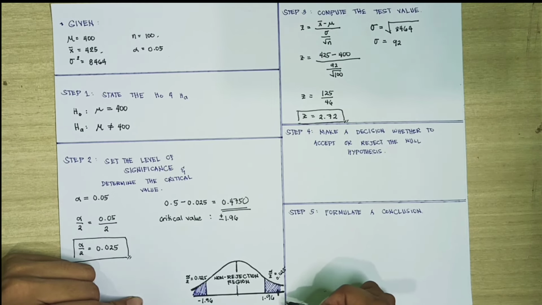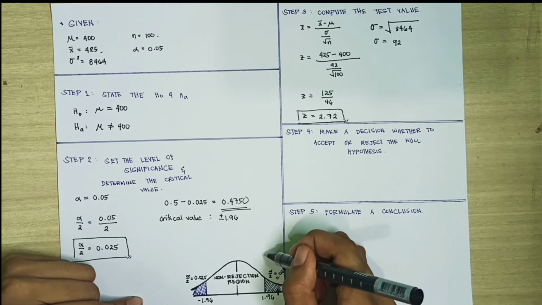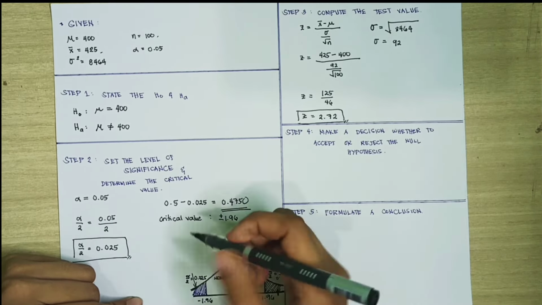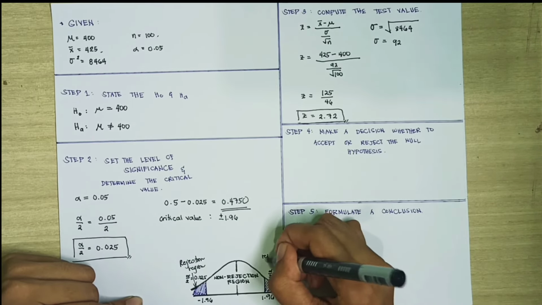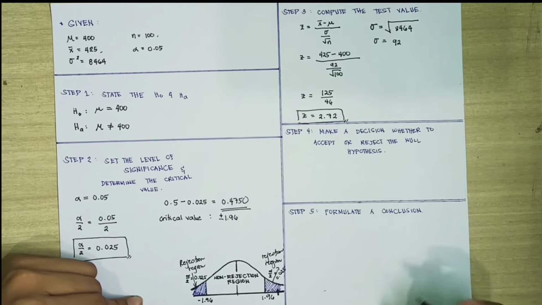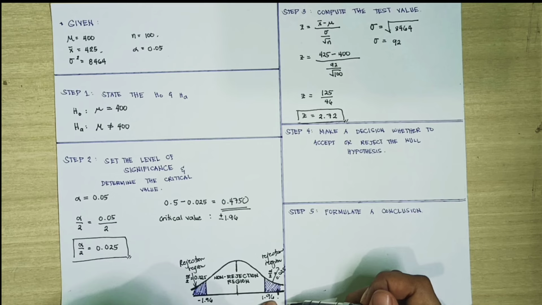So, ibig sabihin po, nasa rejection region. Okay? So, this is rejection region, as well as this one. This is rejection region. So, since si 2.72 ay nag-fall sa rejection region, ibig sabihin, we need to reject the null.